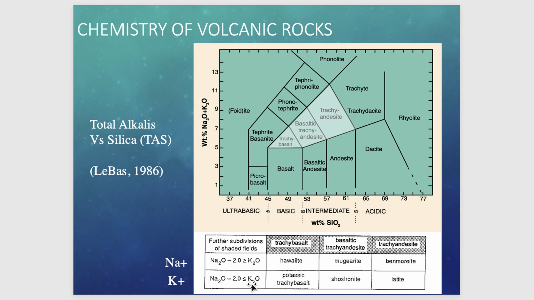So if we look at a trachybasalt, which is composed either of hawaiite or potassic trachybasalts, in that particular case, the distinction in terms of abundance of potassium versus sodium is critical.